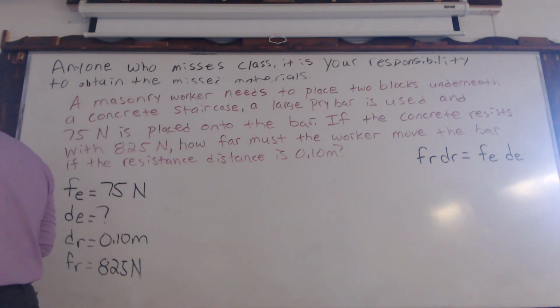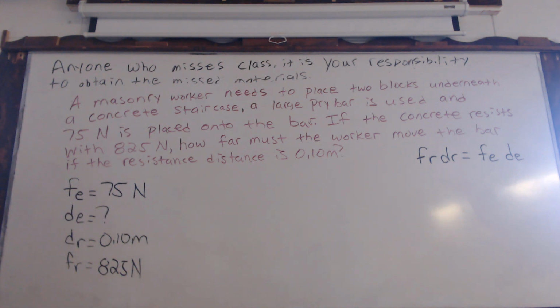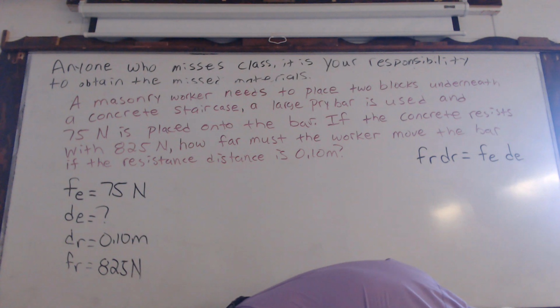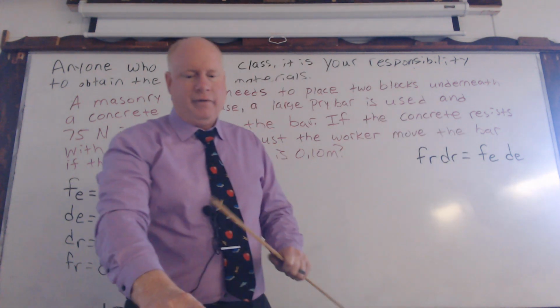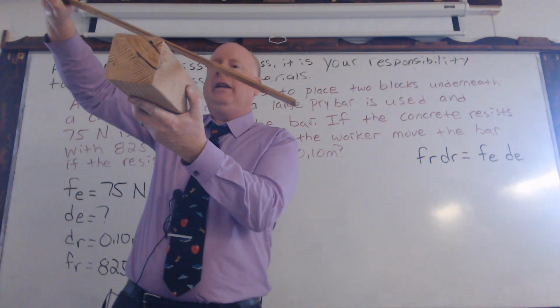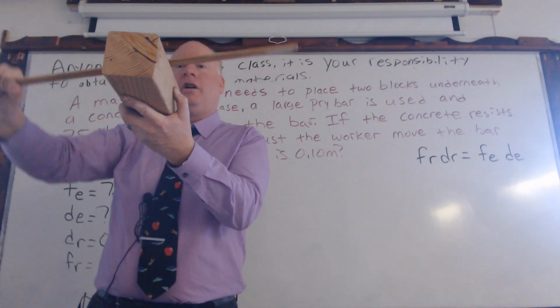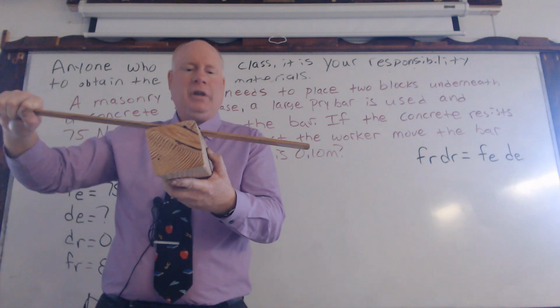So look at it like this. This was one of your vocab terms. If we use this, what is this called? This is a fulcrum. This is called a lever.